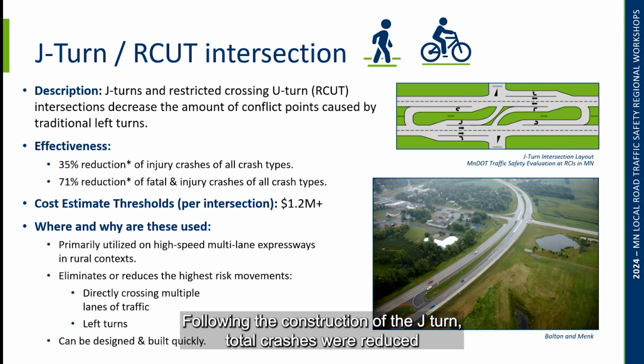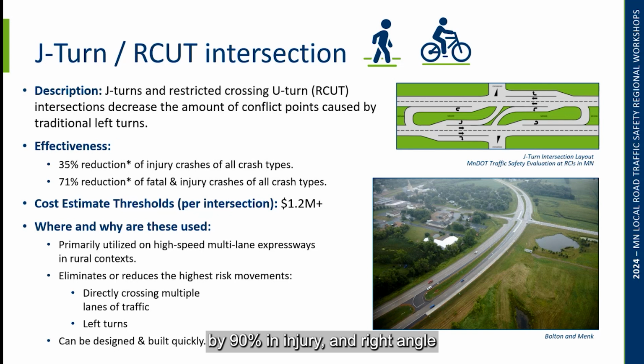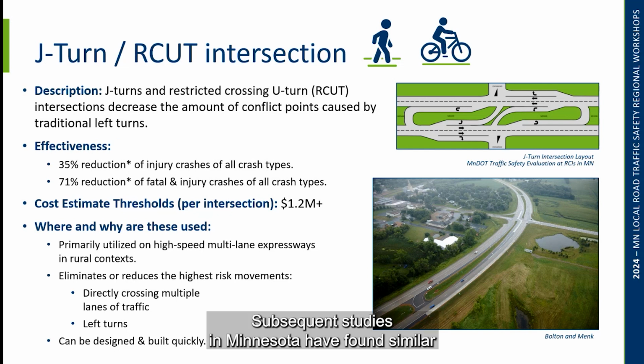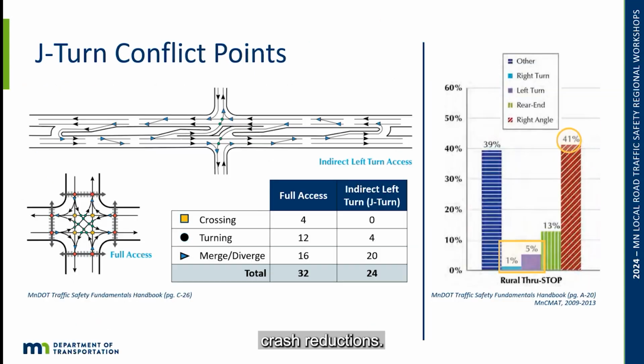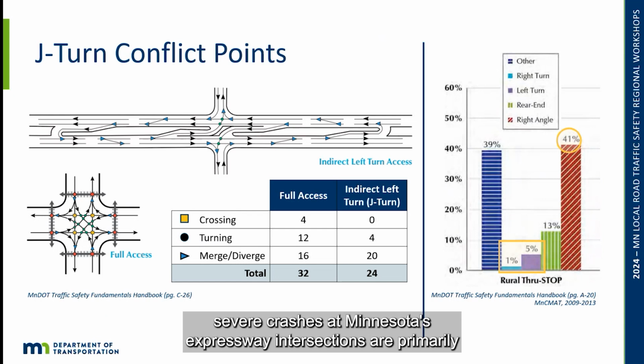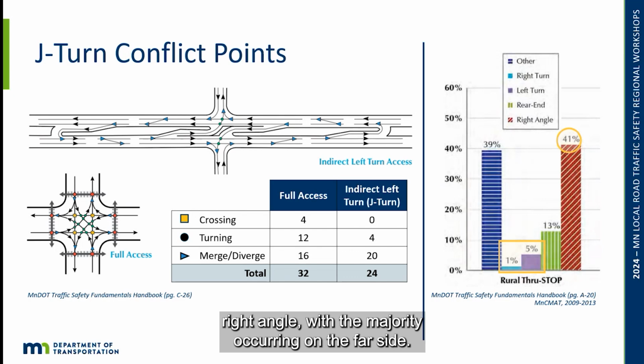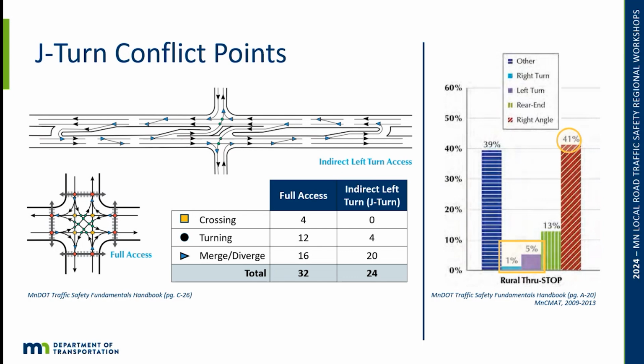Following the construction of the J-turn, total crashes were reduced by 90%, and injury and right angle crashes were reduced by 100%. Subsequent studies in Minnesota have found similar crash reductions. As was the case in Maryland, severe crashes at Minnesota's expressway intersections are primarily right angle, with the majority occurring on the far side.